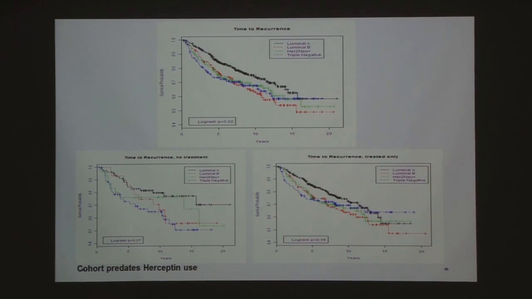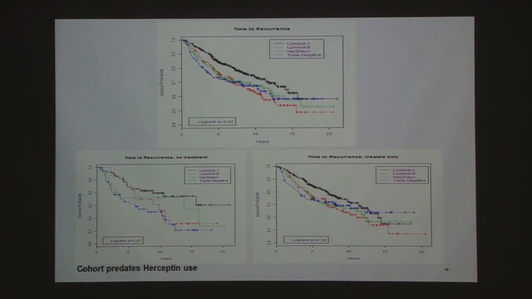These patients were pre-Herceptin. They were also patients who came to a cancer center where the treatment was much more aggressive, and even though these patients were diagnosed in the 1980s through the early 2000s, because we were looking for long-term follow-up, you can see there are patients that had no treatment. What's interesting to point out here is that there are major separations between the patients that didn't have any treatment. The black line is the luminal A's.